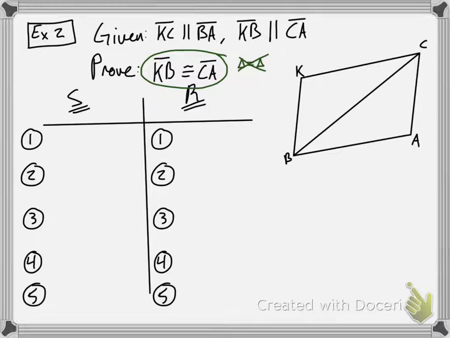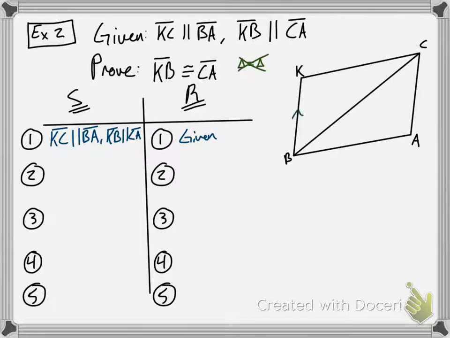All right, so we're going to go through our four phases now. And I'm going to start out by writing our given. KC is parallel to BA. And KB is parallel to CA. So we're going to put our little arrows in here.